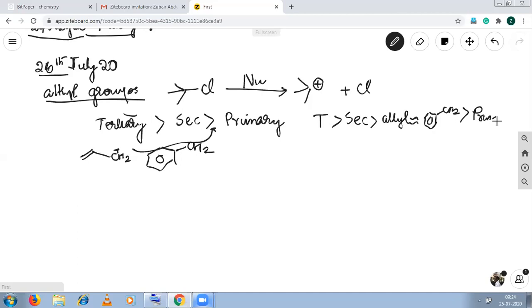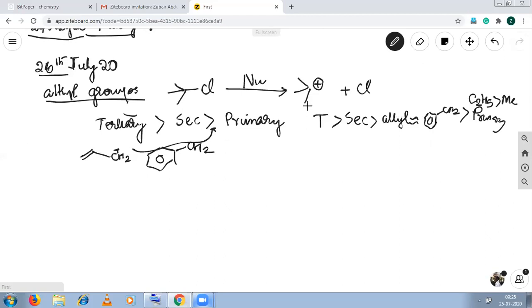So this is the order. Clear? Primary can be C2H5, and last you have methyl group. So that is the order by which this one reacts.